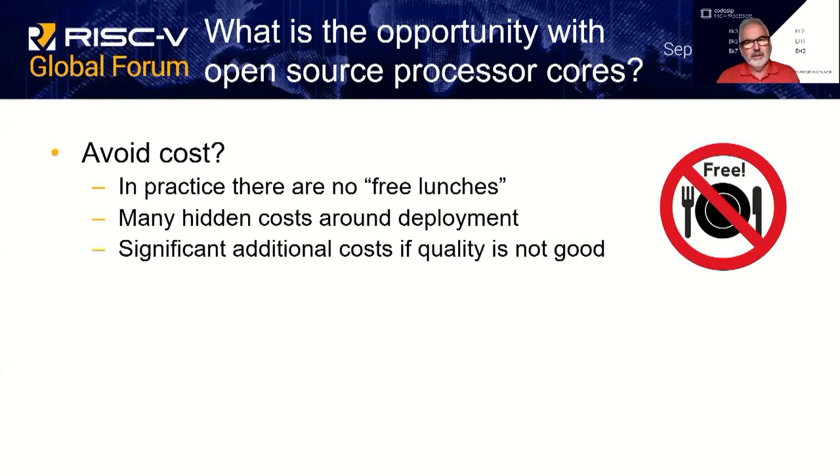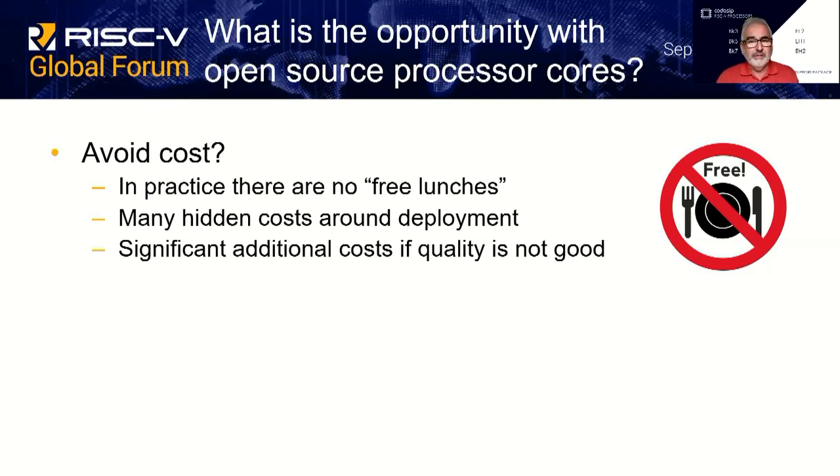So how is it with open source processor cores? Well, you pay no fee for the RTL, of course, but there can be many hidden costs around the deployment. In particular, you need to be sure that you have an efficient EDA flow set up, and that this matches the needs of implementing your core into a subsystem on your SoC.